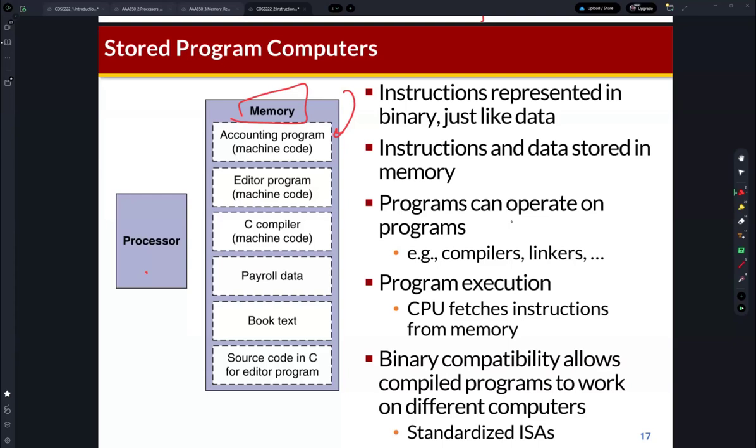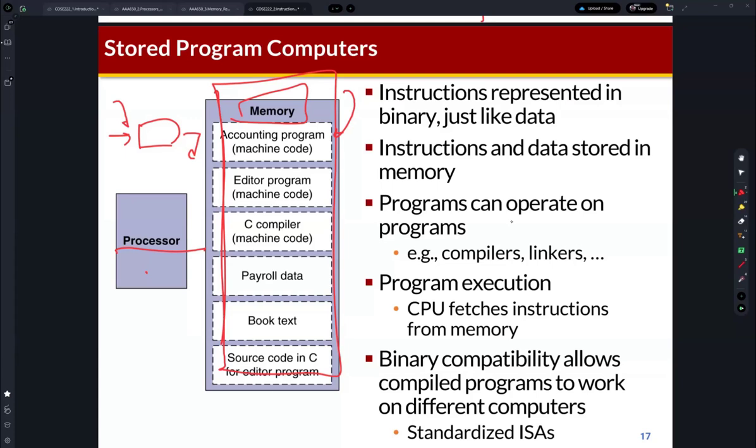Then how can a processor execute instructions? I explained that the instruction is given to a processor and then the processor generates a result. Then how is the instruction given? So this is the memory. The processor needs to read instructions from memory.